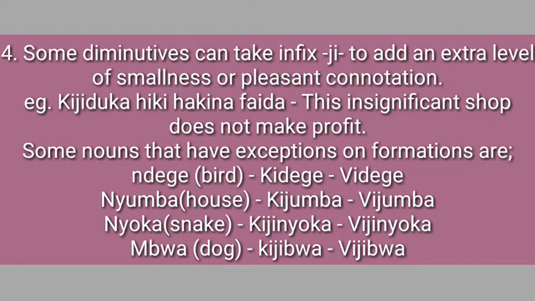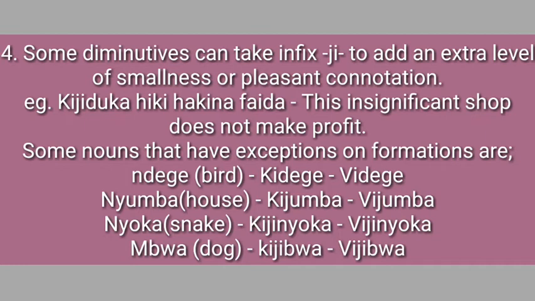You see? Kiduka, kijiduka. Kijiduka hiki hakina faida. This insignificant shop does not make profit. And the nouns I was talking about, they are four. These are just some. They don't have the regular formation. They are just formed like that. Like the word ndege becomes kidege.